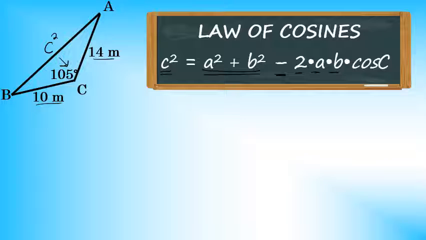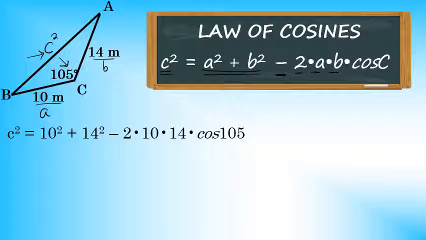In this problem, we are going to first find the length of side C. And C squared is equal to A squared plus B squared minus 2 times A times B times the cosine of angle C.